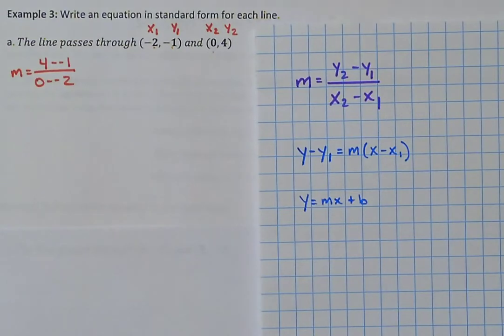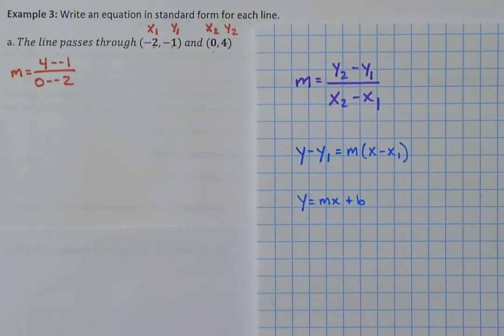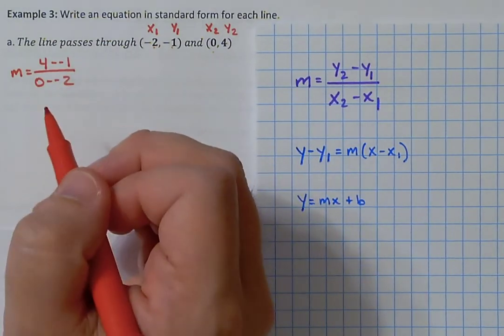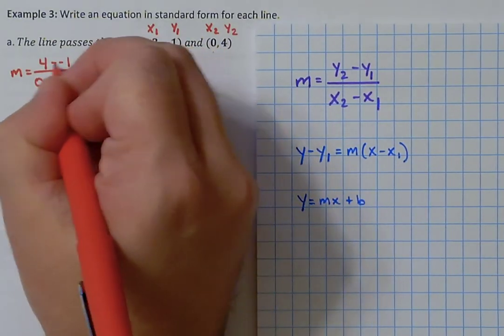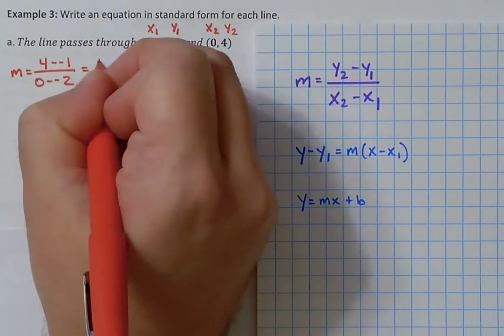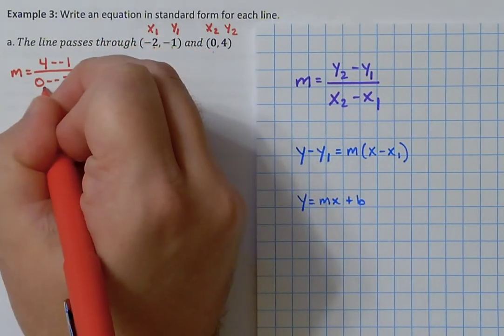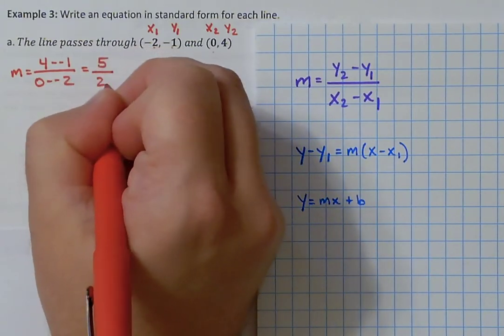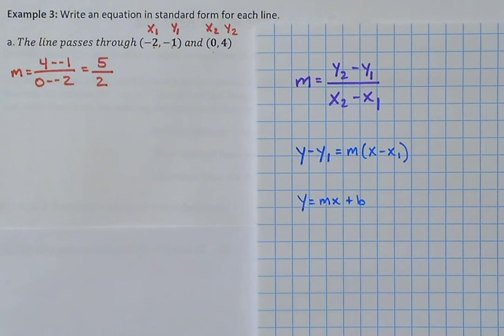All right, then from there, you just have to do your normal solving for the slope, where you simplify the top and then simplify the bottom. So 4 minus a -1 is 4 plus 1, or 5. And then 0 minus a -2 is 0 plus 2, or 2. So I have 5 halves.